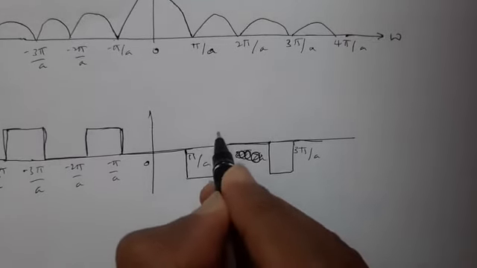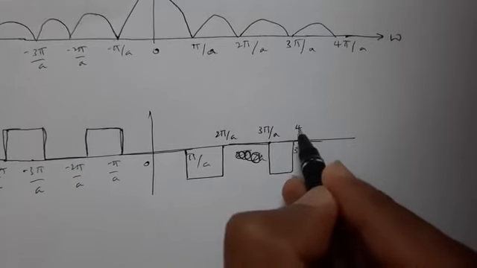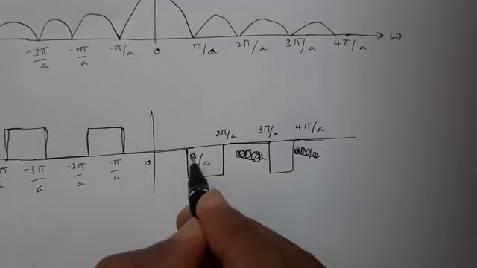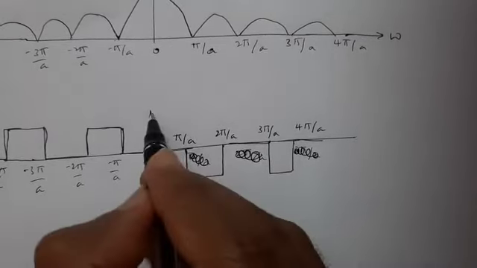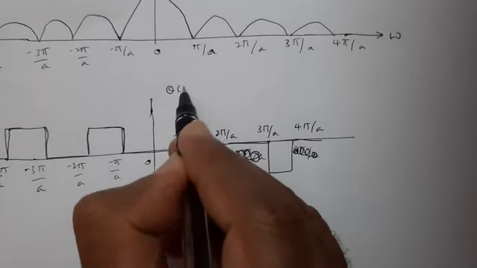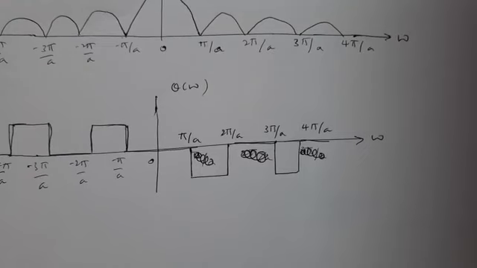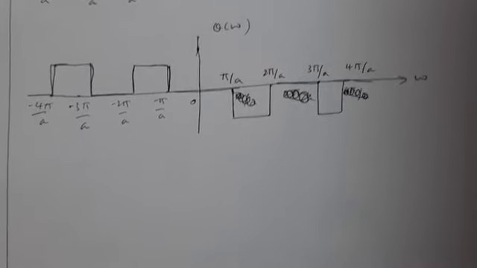This is your 2 pi by a, this is your 3 pi by a, this is your 4 pi by a. I can write pi by a here, which will be more clear. This is your theta of omega with respect to omega. So this is how we find the Fourier transform of a given signal and plot the magnitude and phase spectra.